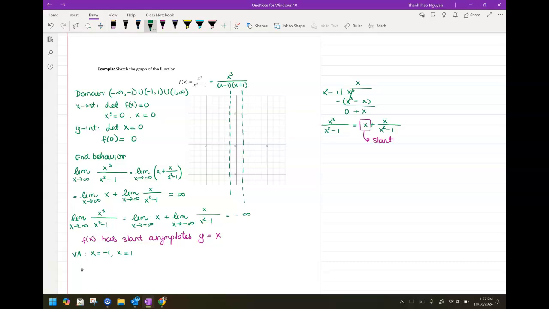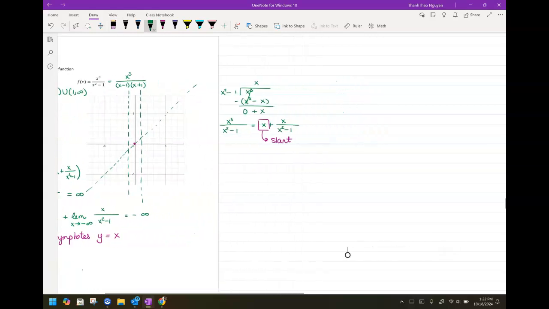The slant asymptote is y equals x. And we have the x and y intercept. Okay, we'll leave it here for a minute. We'll come back to it later.